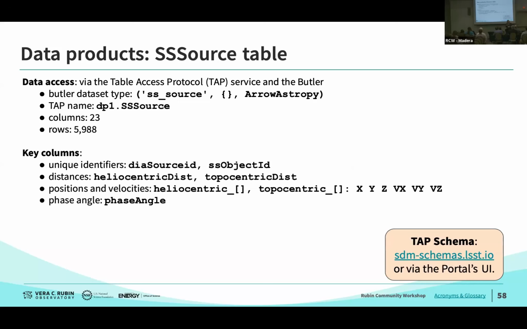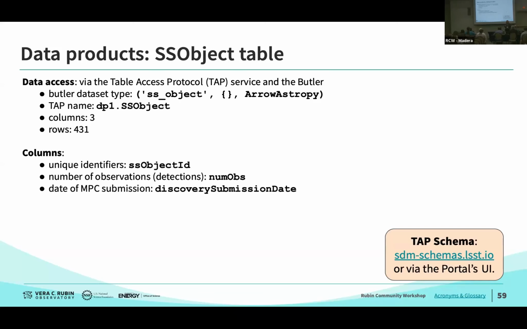We also have the SS source table that again has these unique identifiers, both the DIA source ID and the SS object ID. The SS source table has information about the heliocentric distance, positions, and velocities of these moving objects, as well as the phase angles. We have the SS object table, where SS objects are groupings of linked together SS sources. So the SS object ID is in there, as well as the number of observations that each solar system object received.